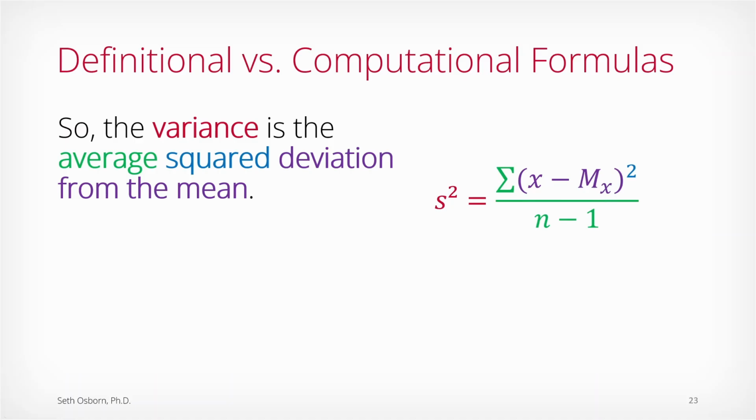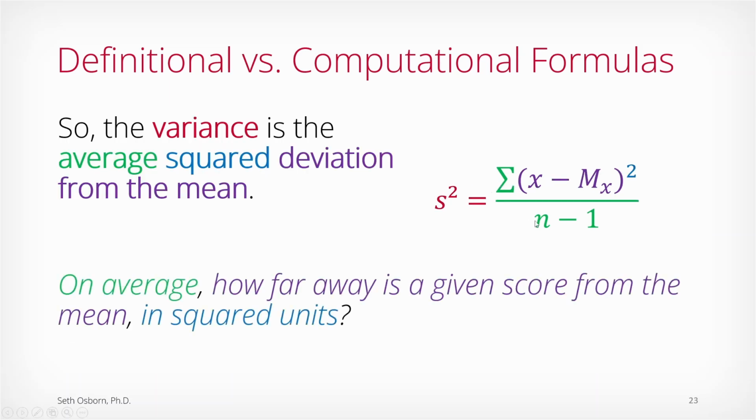So because this is a definitional formula, that means we could explain it in a way that starts to make intuitive sense. Like we could say, on average, how far away is a given score from the mean of the distribution expressed in squared units? Now, why that would be useful, that's not going to make sense until you take the stats class.